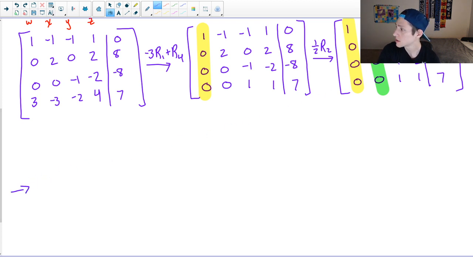So how can I turn this into a 1? Well, it's already a negative 1. So let's just take this row and multiply it by a negative. So let's just do a negative times row 3. All other rows stay the same.